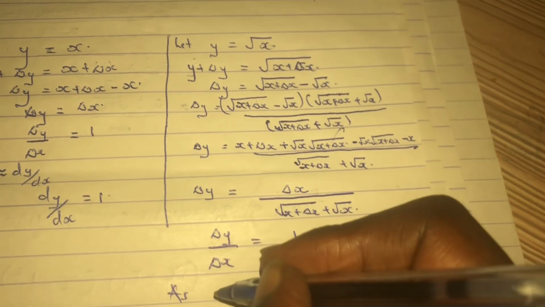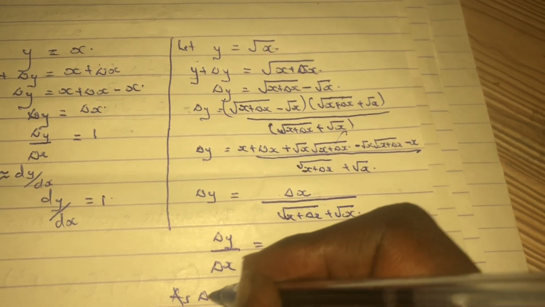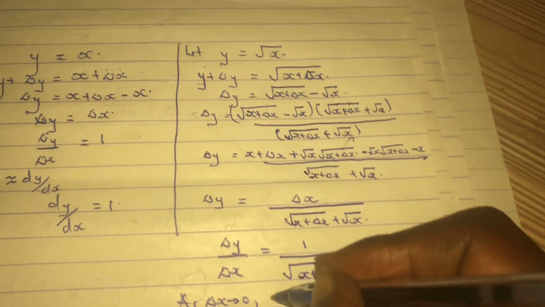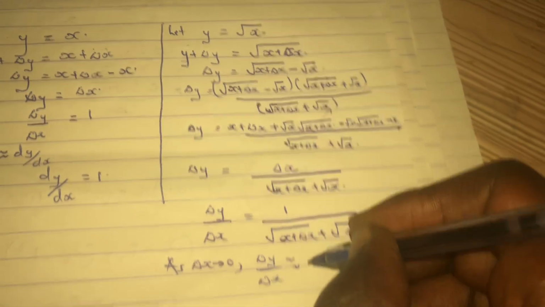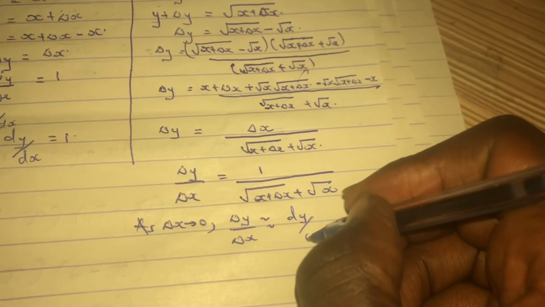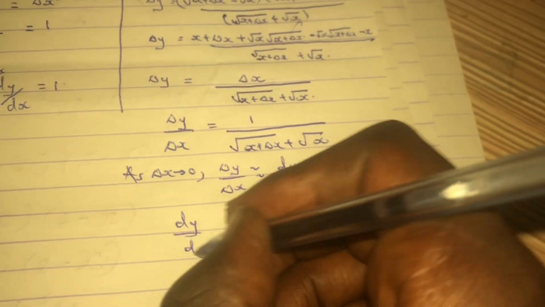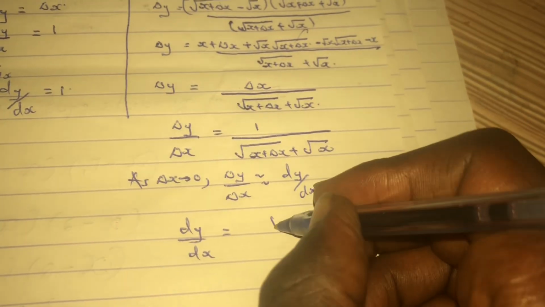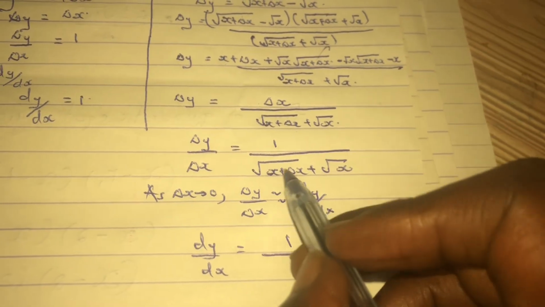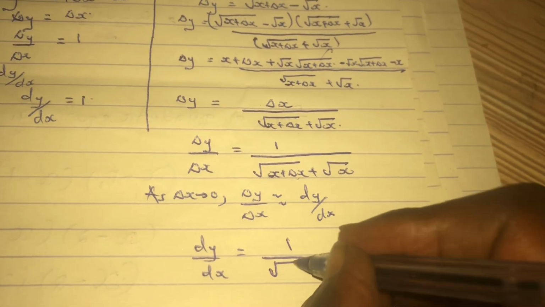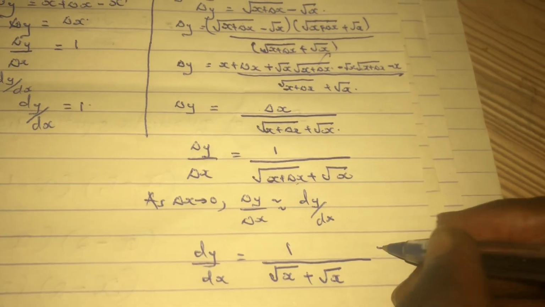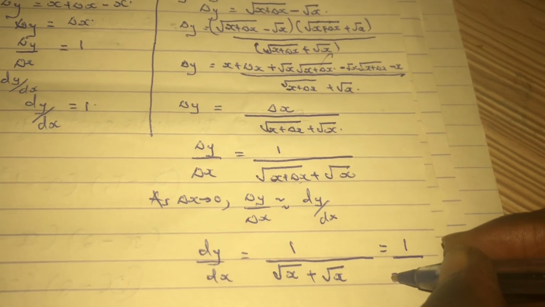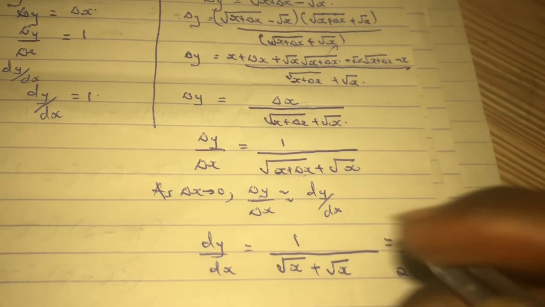So as change in x tends to 0, change in y over change in x approximates to dy dx. That means dy dx will be 1 over, this one has tended to 0, so we shall remain with root x plus root x. This will give us 1 over 2 root x.